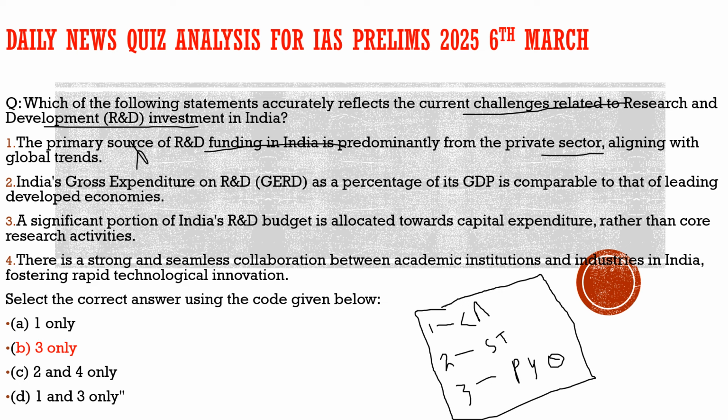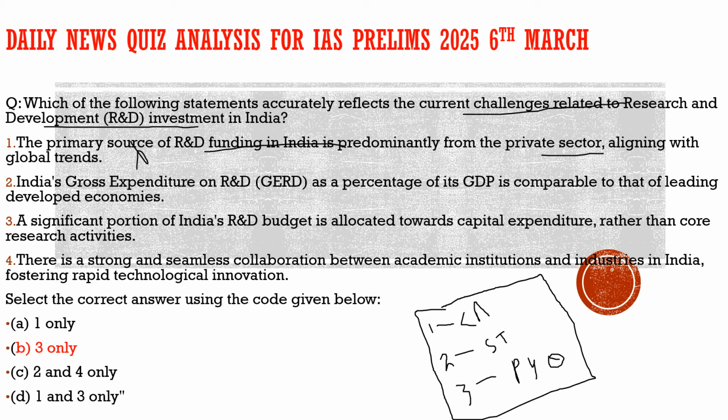If we look at different countries, like USA and Japan, their private investment is approximately 70% for some countries, and for countries like these it is more than 50%, but ours is very less than that. So that is one of the issues.